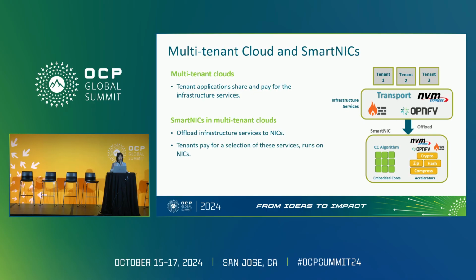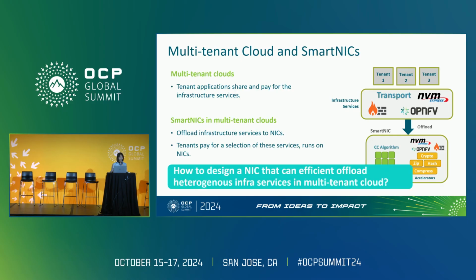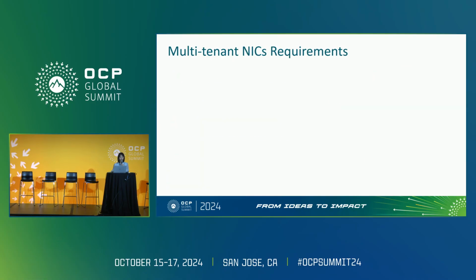Once these infrastructure services are offloaded onto the SmartNIC, the tenants will still pay for a selection of these services when they're running on the SmartNICs. And in this talk, I'm going to discuss how we should design the NIC architecture that can efficiently offload these heterogeneous infrastructure services on the SmartNICs in the multi-tenant cloud.